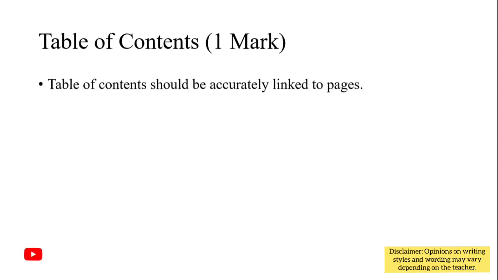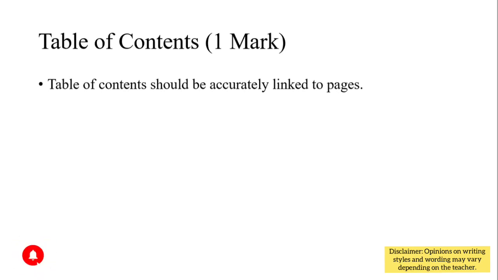The table of contents is one of the first things that will be in your SBA. It should accurately be linked to the pages. When a person takes up a table of contents, they should be able to turn to whatever page the table of contents says a particular topic is, and they should be able to find it.